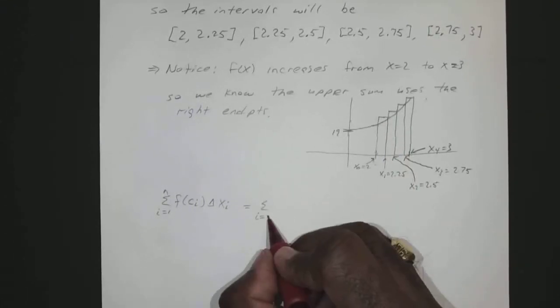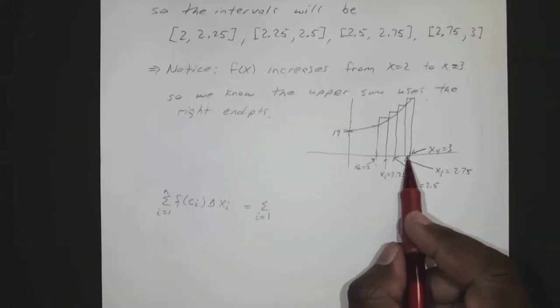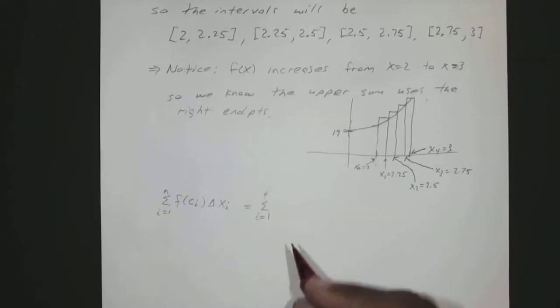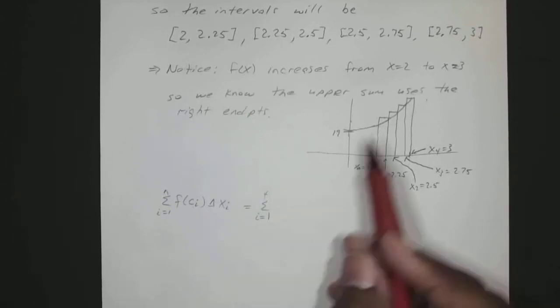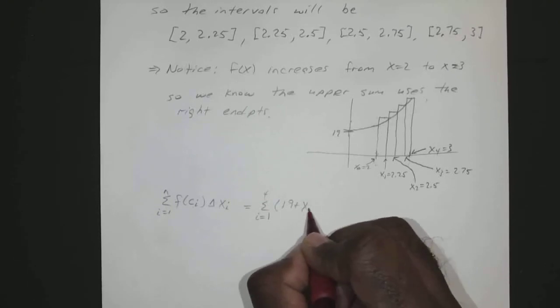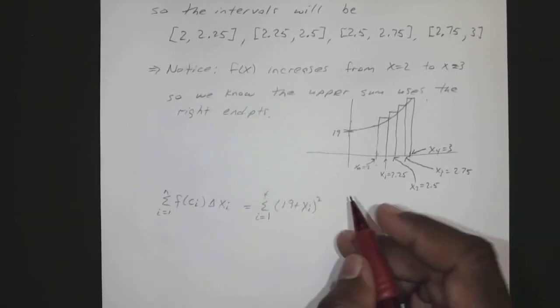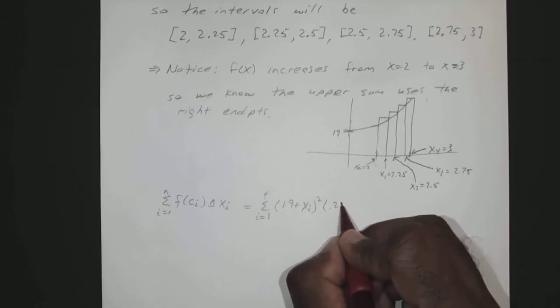That's why we start at 1, and we stop at 4. Our f of c i is just our function, 19 plus x i squared, and our delta x for all of them is 0.25.